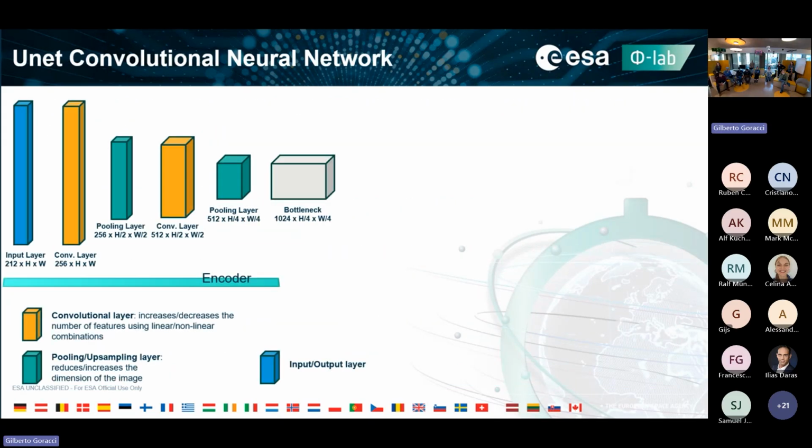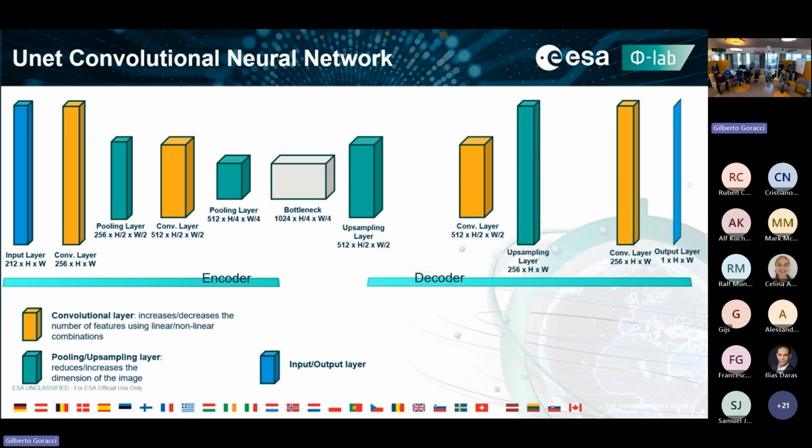Here we use a U-Net convolutional neural network, which is mainly composed of two parts. So we have an encoder in which we increase the number of features, but we reduce the size of the image in order to compress the information, so that the model learns, let's say, the features at all the levels of the image, from the large scale to the local scale.